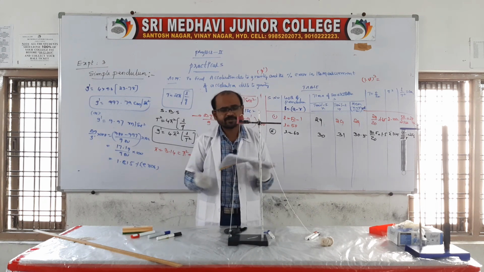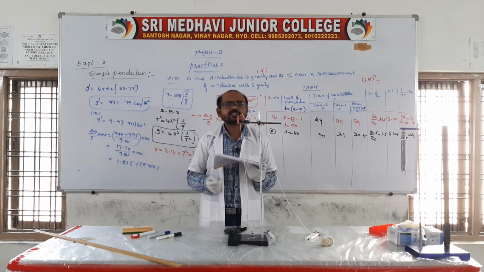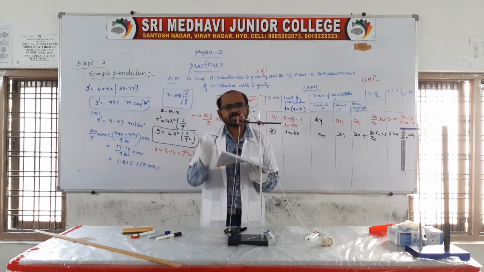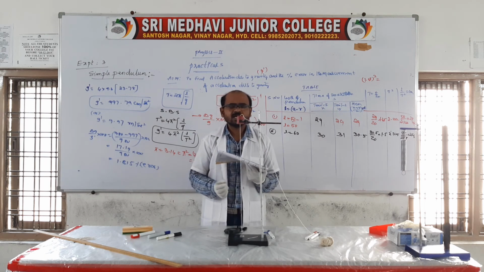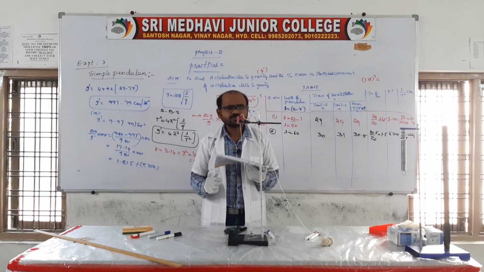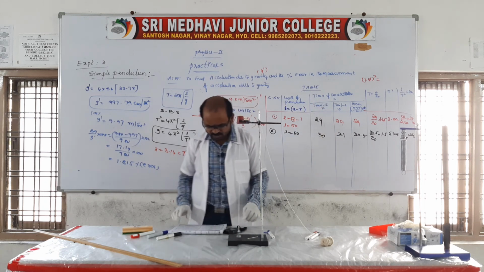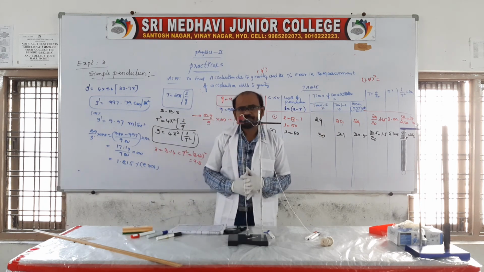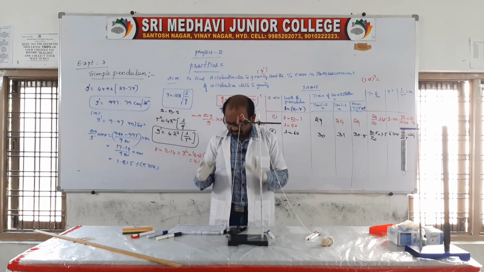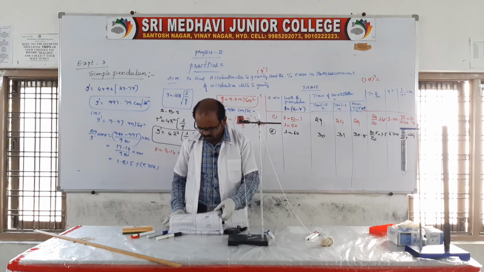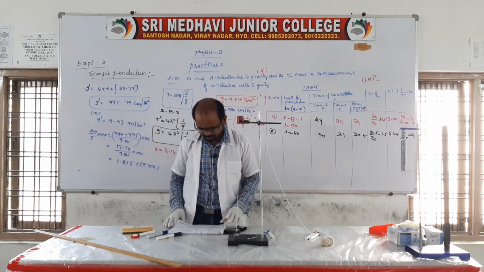A seconds pendulum is a pendulum at a given place whose time period is equal to 2 seconds. The time we know, so you substitute and get the length using the pendulum. This is the experiment related to our practicals of the simple pendulum.